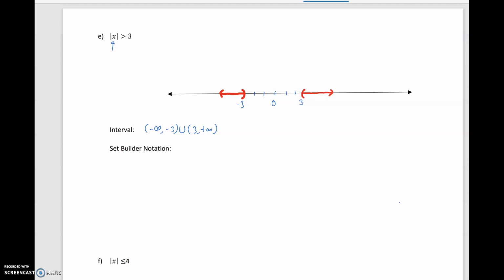The set builder notation is going to use the set of x's such that x is less than negative 3 or x is greater than 3, and x is a real number.